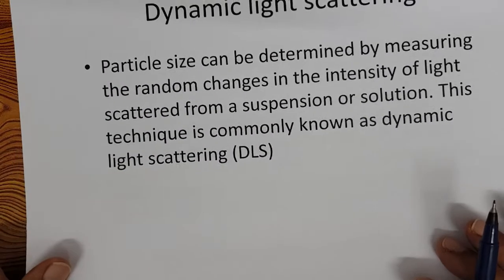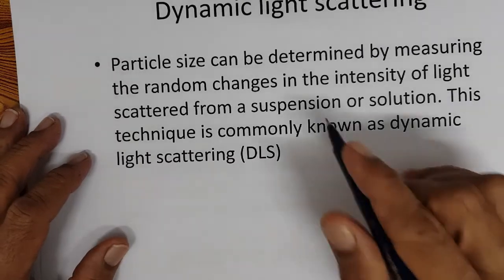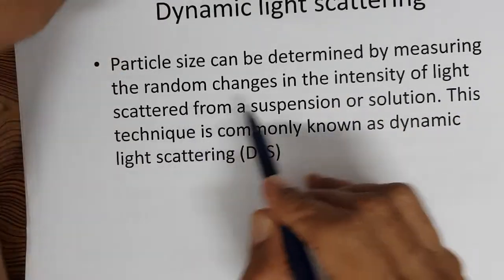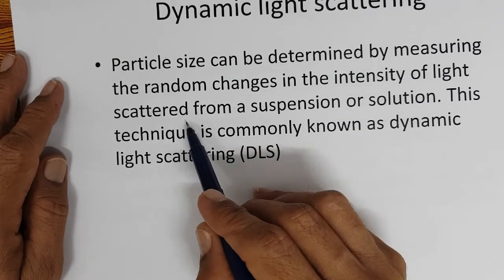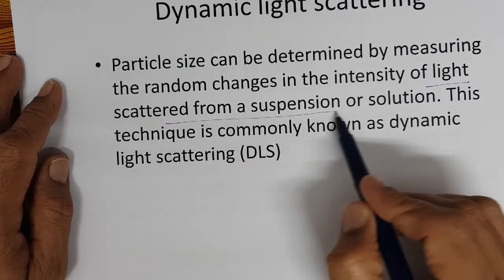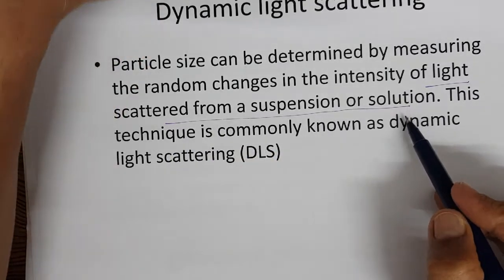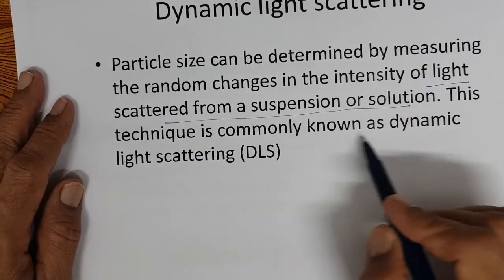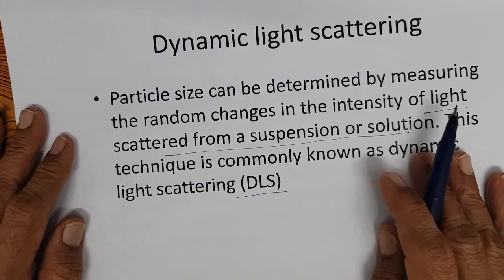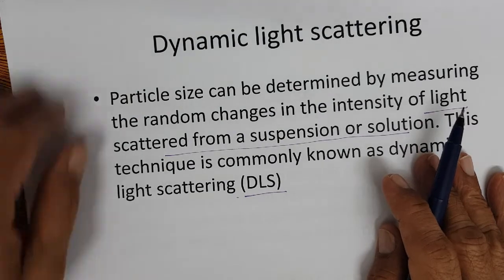See, particle size can be determined by measuring the random changes in the intensity of light scattered from a suspension or a solution. This technique is commonly known as the dynamic light scattering technique, right?